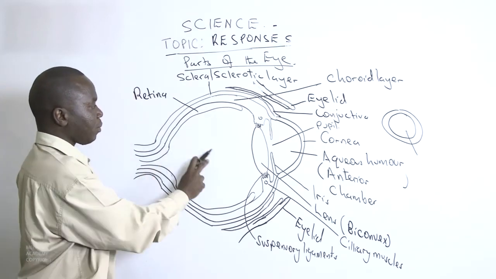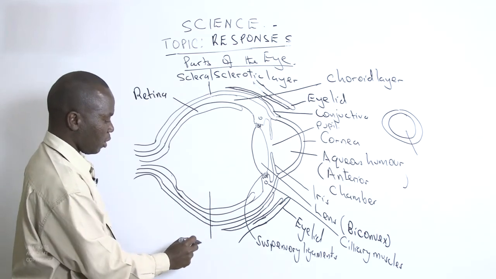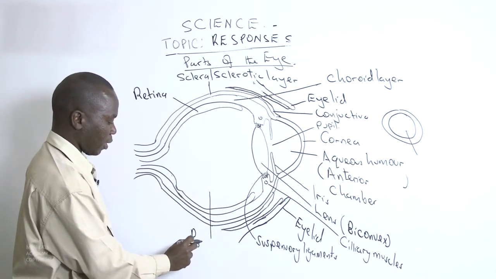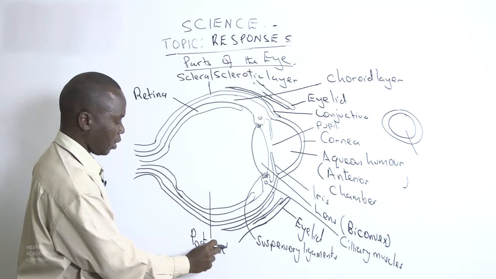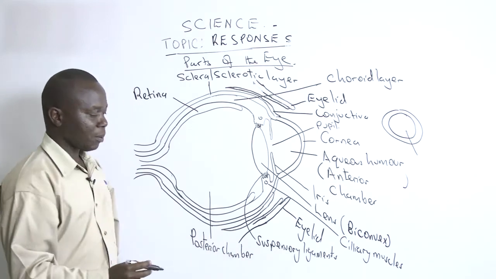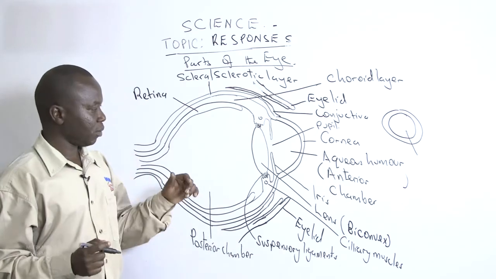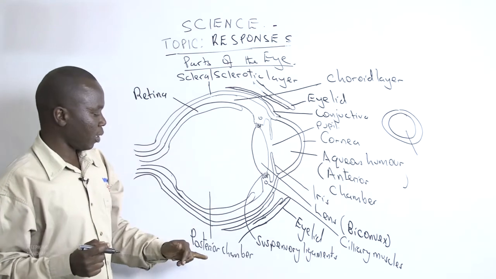Then we have this chamber here. This chamber is called the posterior chamber. But the posterior chamber has fluids. Here we have the anterior chamber with aqueous humor.